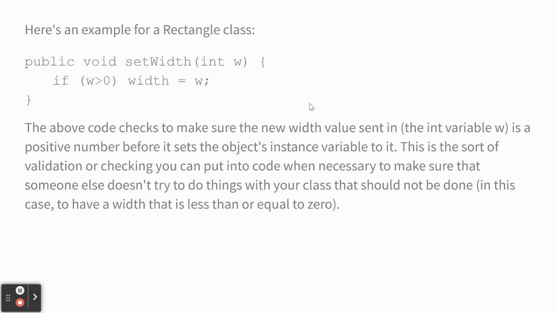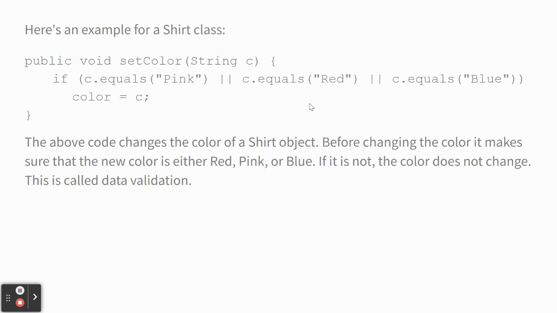So this is an example. If you had the rectangle class and it was going to allow this method to happen, it's doing its own internal checking. Whereas if you just had unfettered access to the variables, you could set it to anything, and it could crash. I made up a shirt class. In this shirt class, shirts can only be pink, red, or blue.